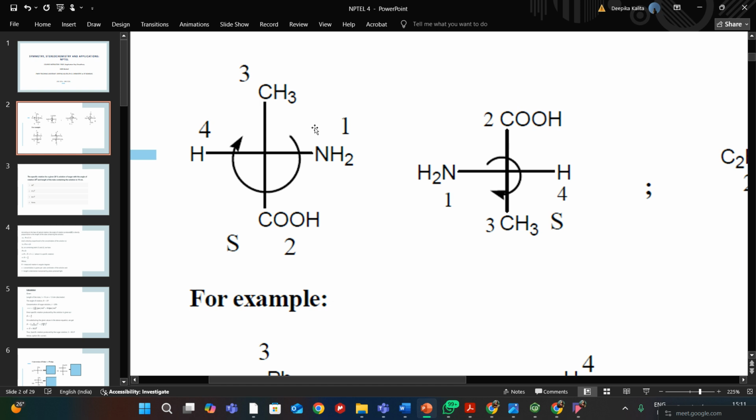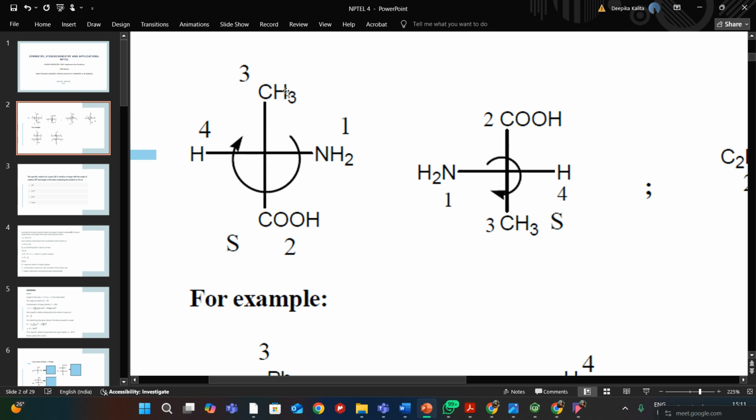Now we have already assigned the priorities to all the 4 substituents. So if we go from 1 to 4th, 1, 2 and 3 and hence 4, the direction will be clockwise. Hence it should be given R nomenclature. But since the fourth priority substituent is present in the horizontal line of the Fisher projection, the absolute configuration will be reversed as per the rules.